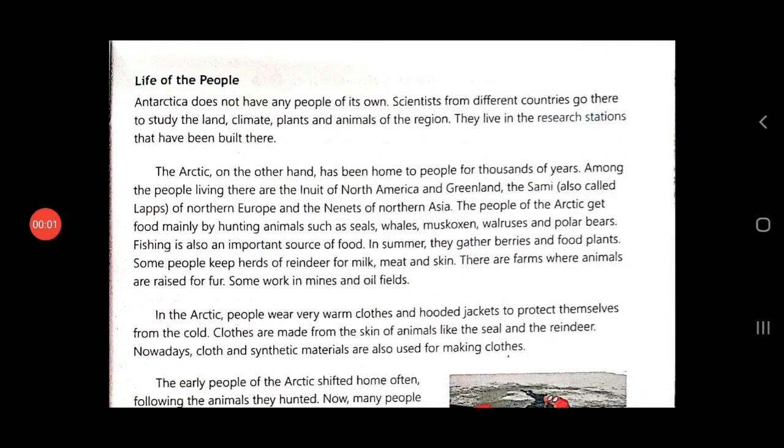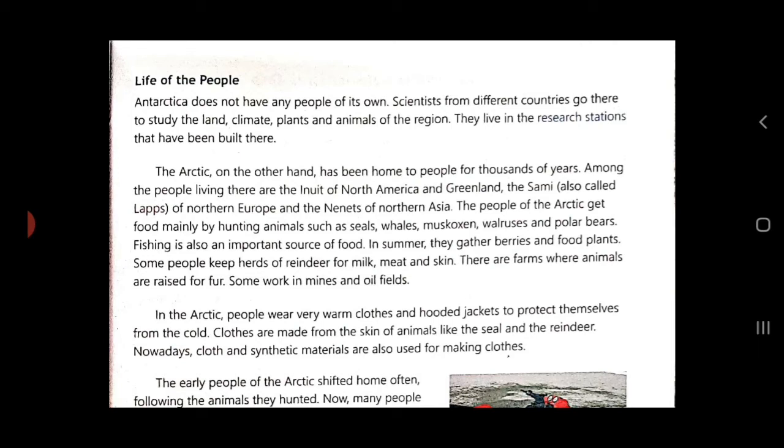Now in the next sentence, children, they are talking about the people living in that area. Among the people living there are the Inuit of North America and Greenland, the Sami, also called Lapps of Northern Europe, and the Nenets of Northern Asia. The people of the Arctic get food mainly by hunting animals such as seals, whales, musk oxen, walruses, and polar bears.